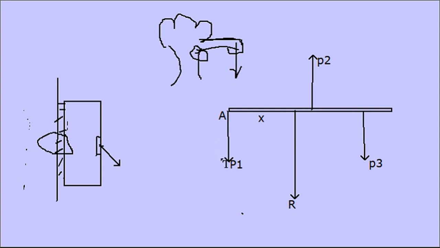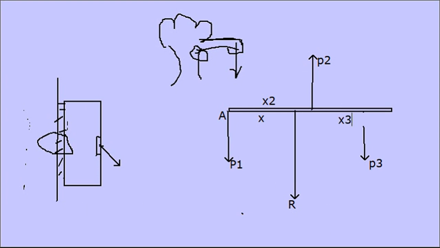It means that P1 multiplied by the distance x1, then P2 multiplied by the distance x2, then P3 multiplied by the distance x3.